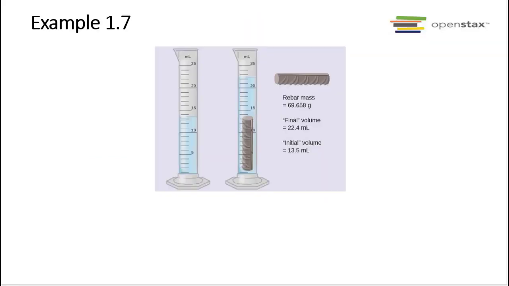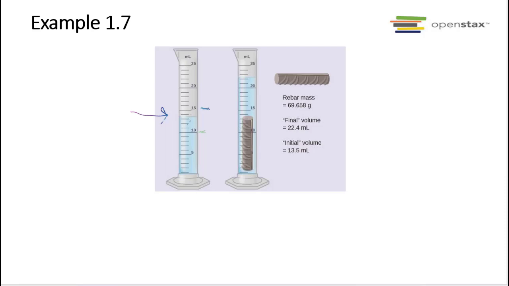Here's another example where I have a starting volume, and in this case it would be really important, especially if you were in lab and looking at the initial volume of this, we want to look at what our units are. So we can see that this is 10 and this is 15. So each of these small little tick marks must be 1 milliliter. So 10, 11, 12, 13, 14, 15.